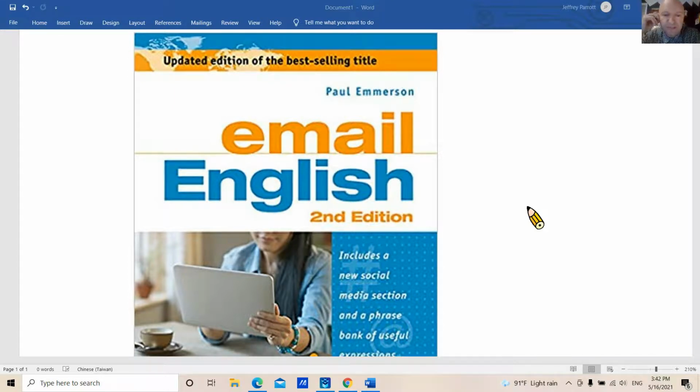So that is appealing to the students, and it makes it doable for them. Let me finish up with the Email English. Answers are in the back of the book. Students can see those, and what's the point of doing exercises if you can't check answers?